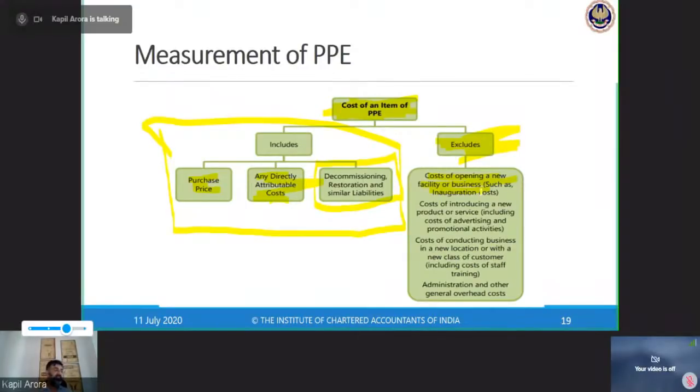For example, let's say one company has built up the hotel and to inaugurate they have asked Shah Rukh Khan to come and Shah Rukh Khan has charged 5 crore rupees. Now those 5 crore rupees which they have paid to Shah Rukh Khan will never be added in the value of asset. Why?